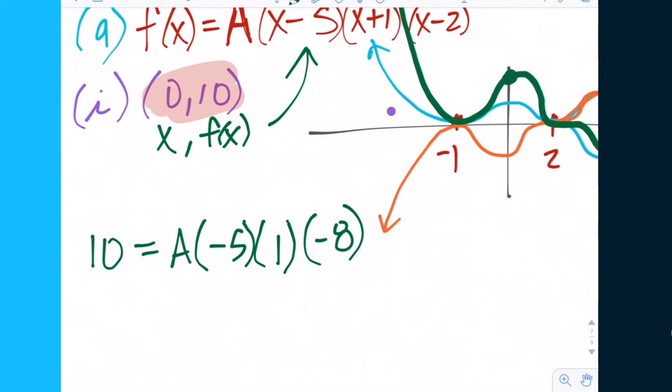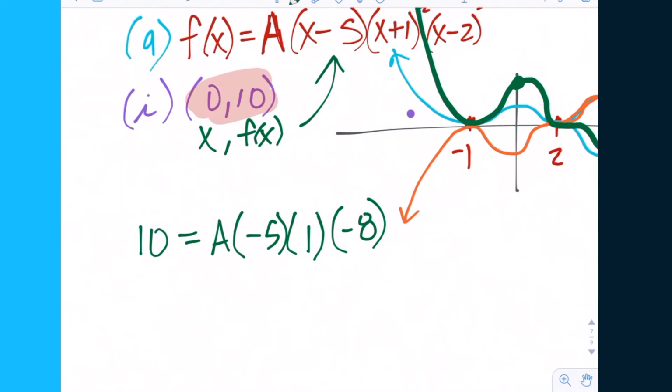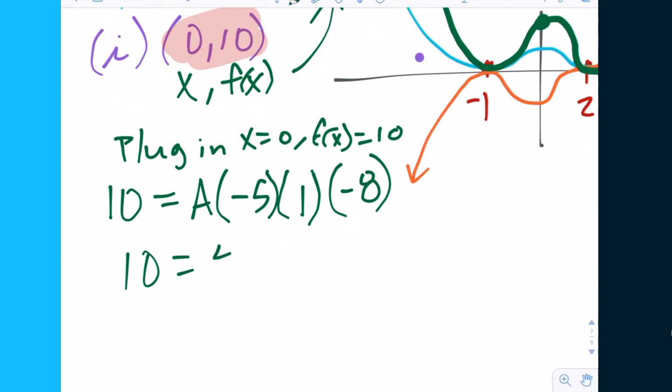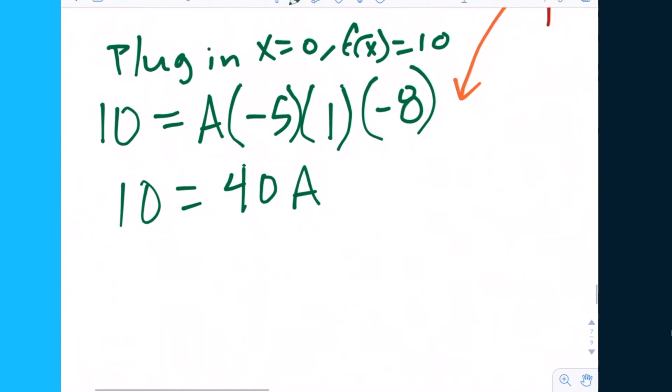And so using a 0 or a 1 is helpful because it makes plugging in easy. So if you want to narrate, we plugged in x equals 0 and f of x equals 10. And now we just solve for A. So we get 10 equals 40A, and we divide through by 40, and we get 10/40ths, also known as 1/4.